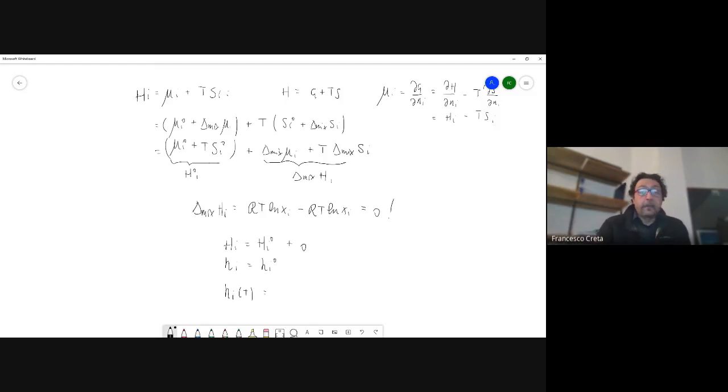And because clearly dH is equal to Cp dT, Cp of species i, if we integrate this, we have some constant which we call the enthalpy of formation, generally at a reference temperature, plus the integral between the reference and the temperature T of Cp.